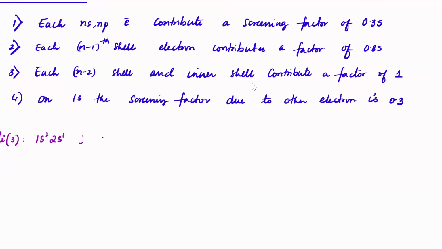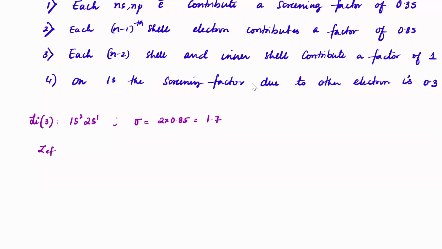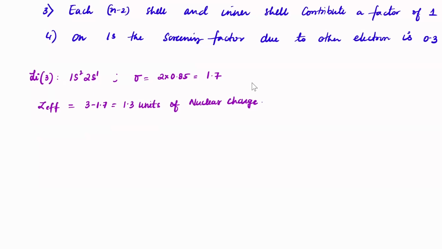Therefore, sigma is two electrons, each contributing 0.85, which is 1.7. That means the Z effective on the last electron in lithium is 3 minus 1.7, only 1.3 units of nuclear charge is experienced by the last electron.